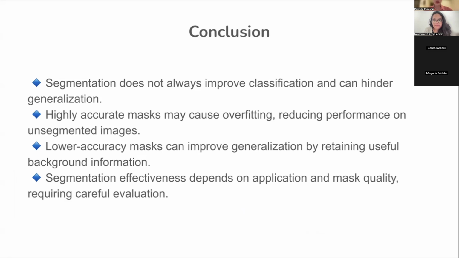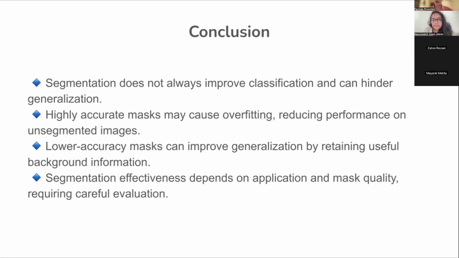But lower accuracy masks can improve generalization by retaining useful background information while also making the model focus on the regions of interest. Last but not least, we can say that segmentation effectiveness depends on various factors such as application and mask quality, and it requires further research and evaluation to find out more about this effect on classification accuracy.